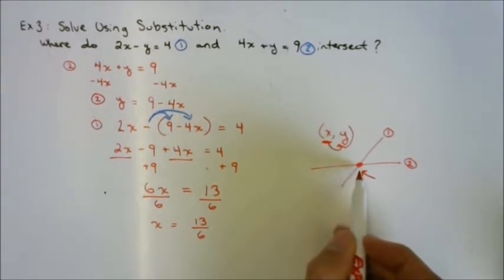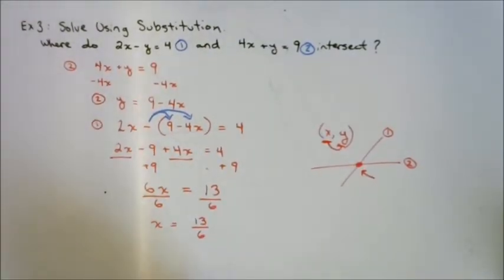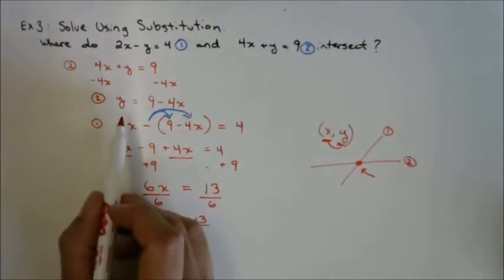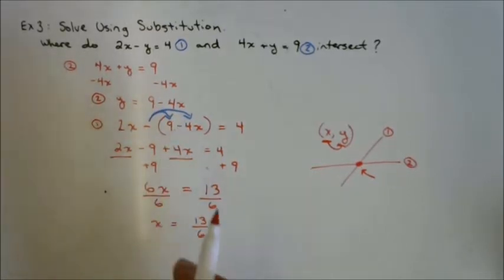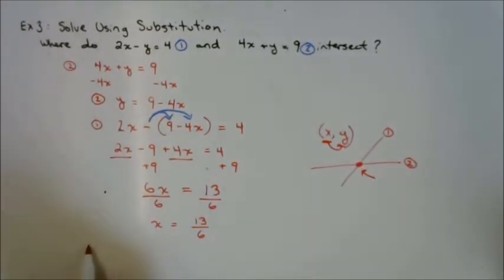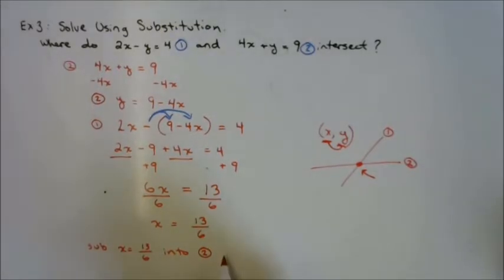I'm going to go ahead and sub it into equation 2, because equation 2 I've already rewritten in a nice little y equals 9 minus 4x. So I'm going to sub x equals 13 over 6 into equation 2 to find the y coordinate.